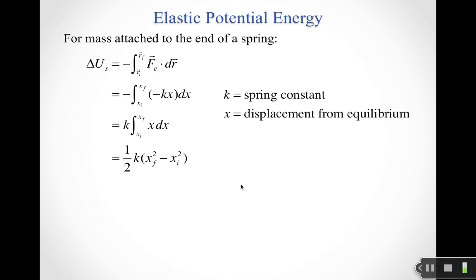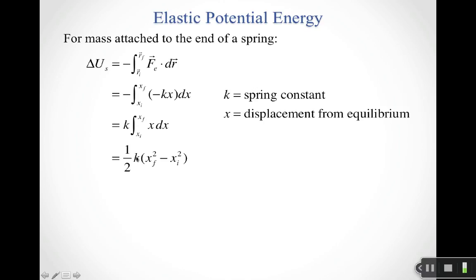Again, the calculation on this one is basically exactly the same calculation we did for calculating the work done by a spring. We've just got this minus sign out in front. So we know the change in the elastic potential energy is going to be negative the work done by the spring. The work done by the spring actually had a minus sign sitting out in front, so this is just going to cancel that.